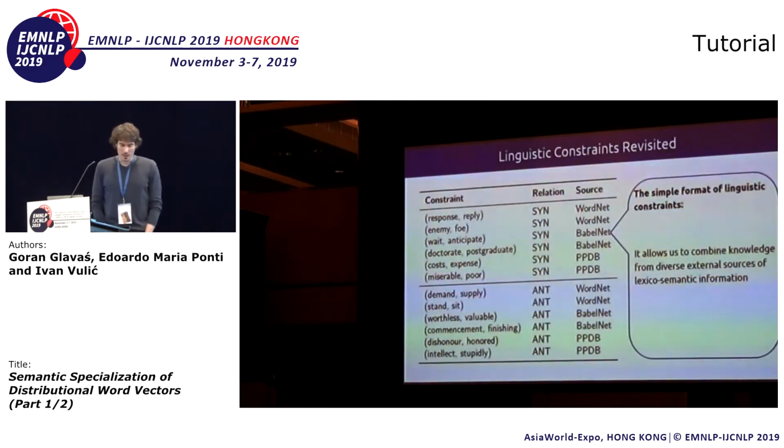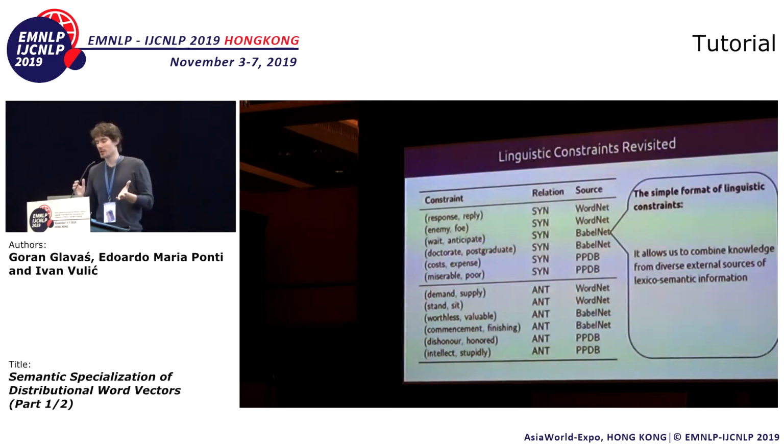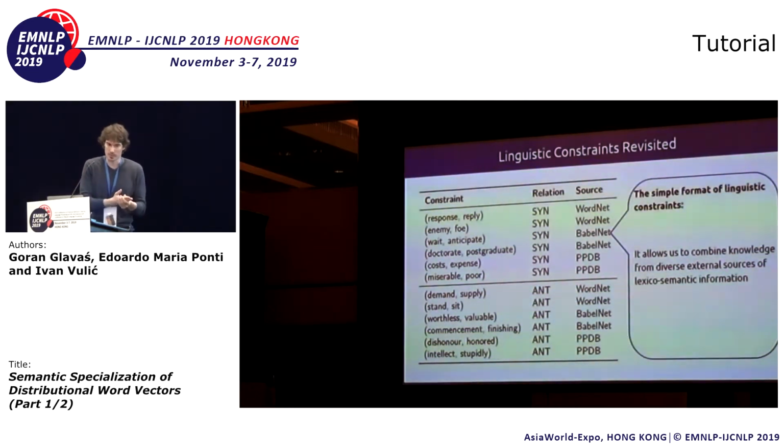Okay, so a tiny bit about constraints. We'll mostly talk about linguistic constraints, which are given in a really simple pairwise format. Which basically means, okay, these two words stand in the relation of synonymy, which is useful for true similarity, or antonymy, which is not useful for true similarity.